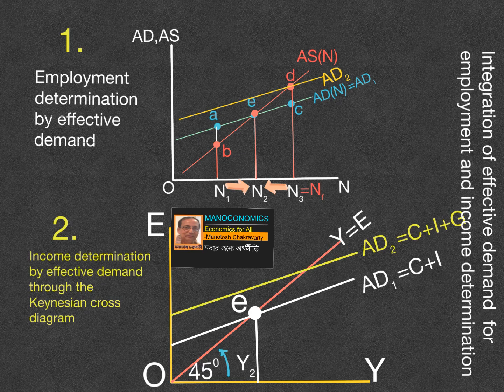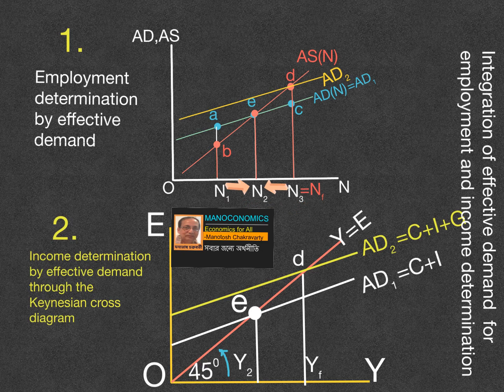And AD2, which equals C plus I plus G, intersects the 45-degree line at the point D, and the full employment income OYF is determined. That OYF is consistent with the employment level ONF.